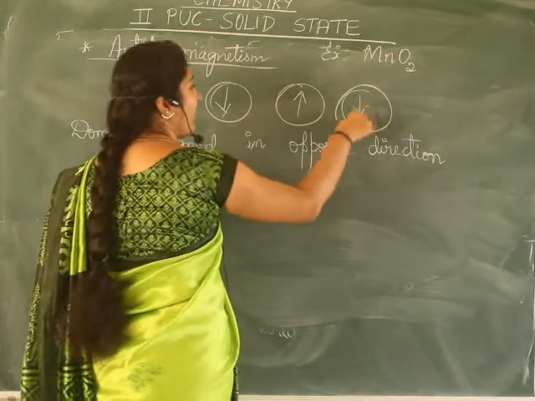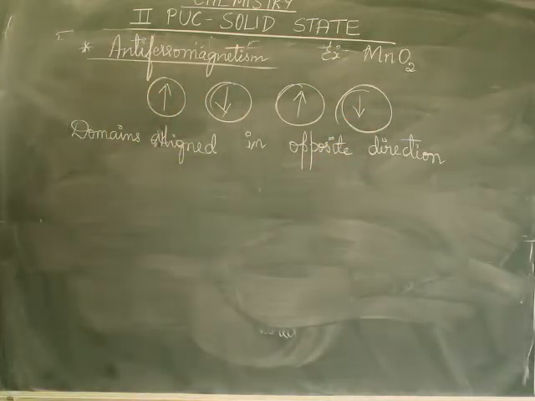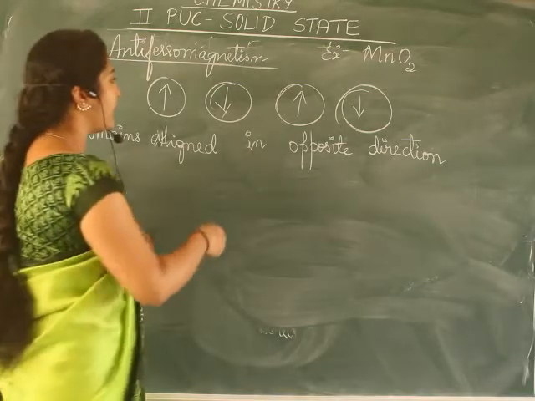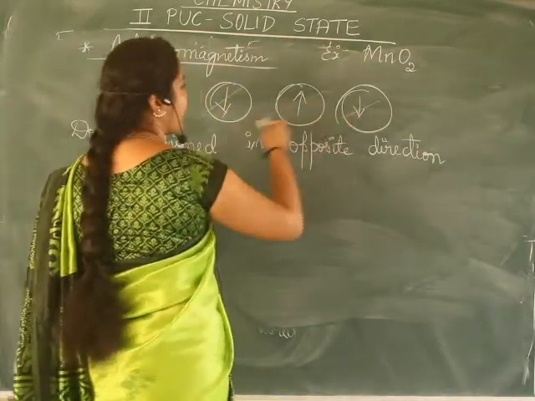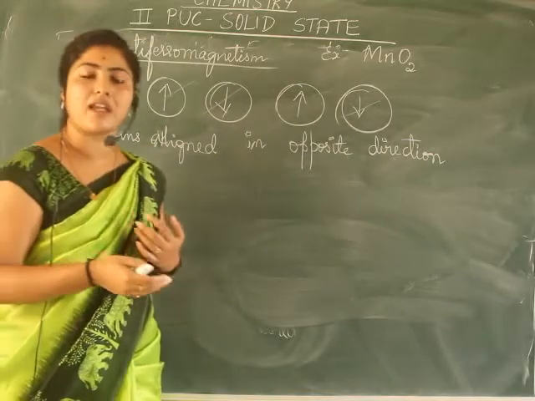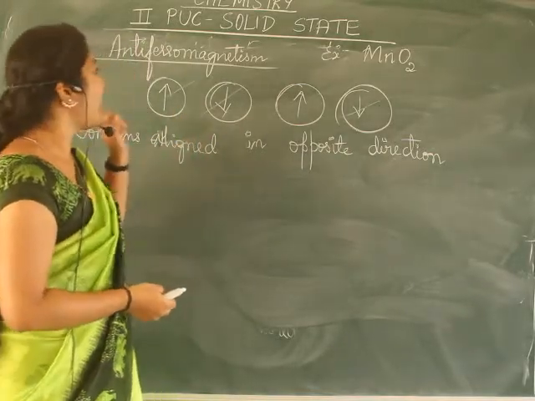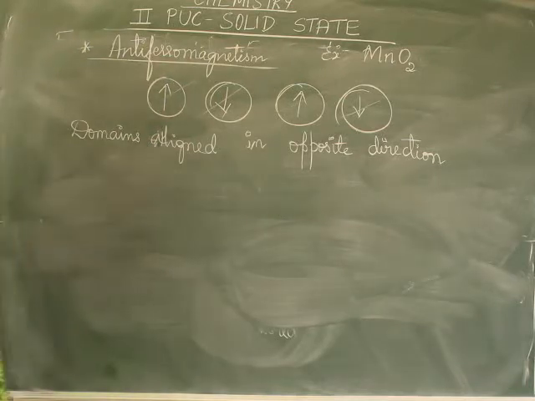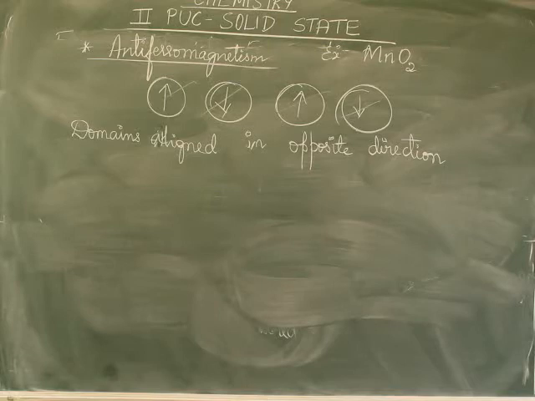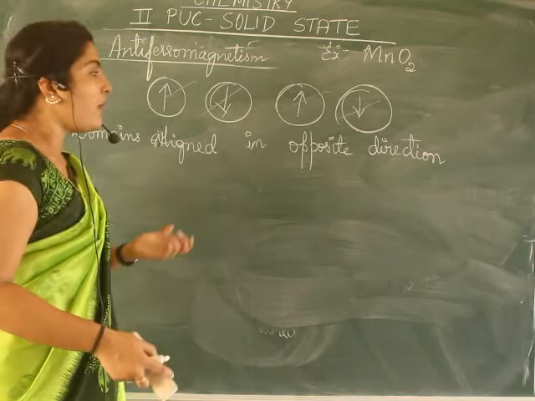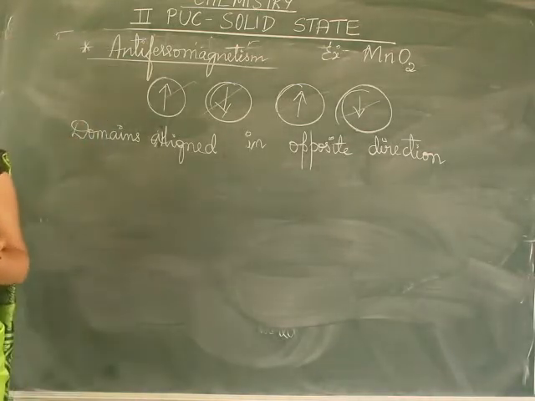If this happens, then what do you see? It is similar, but since the domains are opposite to one another, the magnetism gets cancelled. Therefore, how will be the property of this? It will be opposite to that of ferromagnetic substances; that is, they show least magnetism, or they do not show magnetism like ferromagnetic substances.